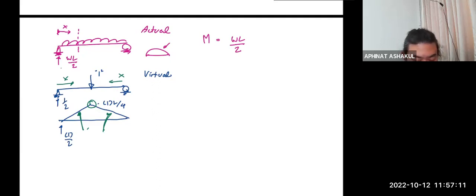And the uniform load comes down, so it creates negative moment. The moment coming in from this load is essentially a negative moment, right? So it's WX multiplied by X over 2 if you take the moment at this location. So it's WX squared over 2.